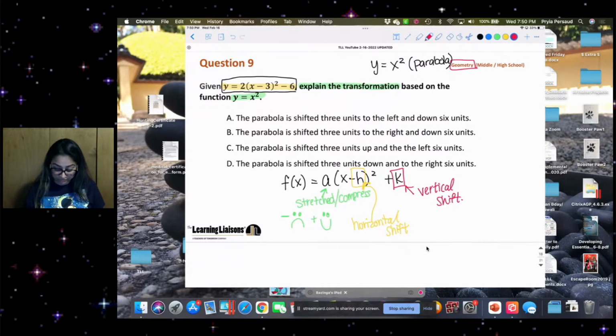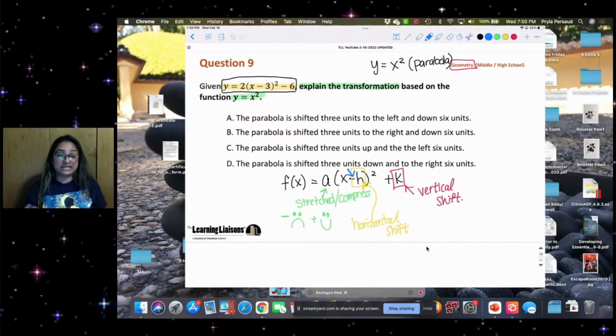Well, for H, it's not as simple as you thought it was going to be. It's not going to be 3 to the left. Because if you look at the original formula, we have a negative. So if I plug in a positive number, I will get a negative output.